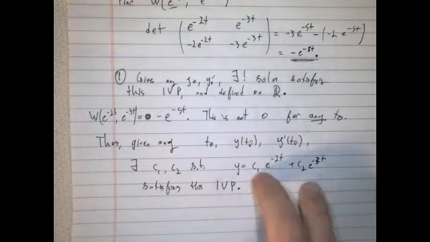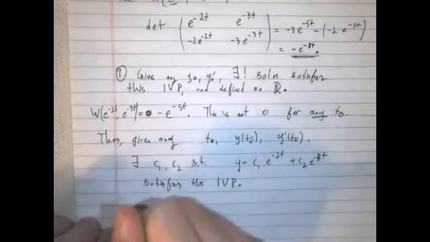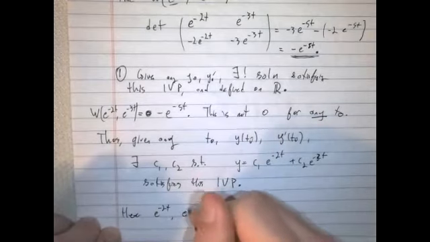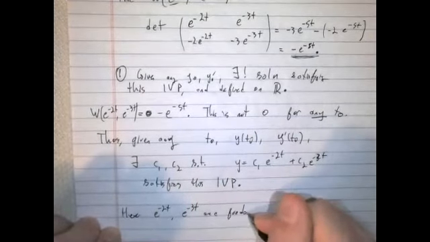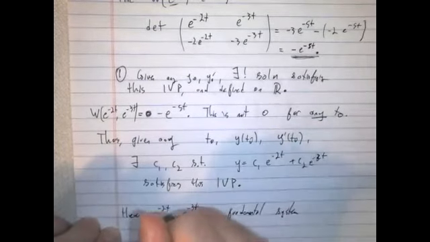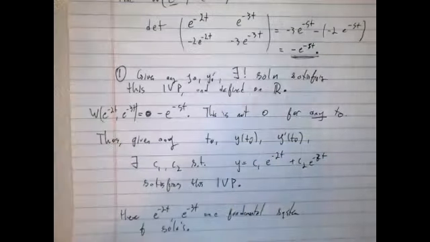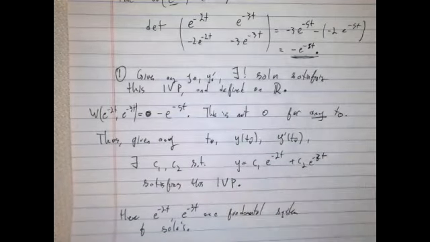In this case, we call these solutions a fundamental system of solutions. So here, e to the negative 2t and e to the negative 3t are a fundamental system of solutions, because every possible conceivable solution to an IVP can be written in terms of these two solutions.